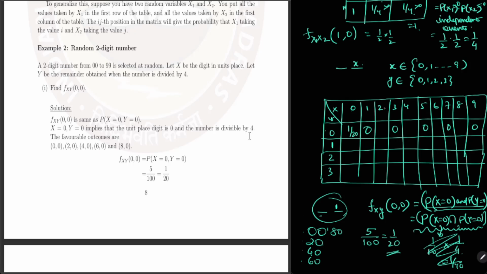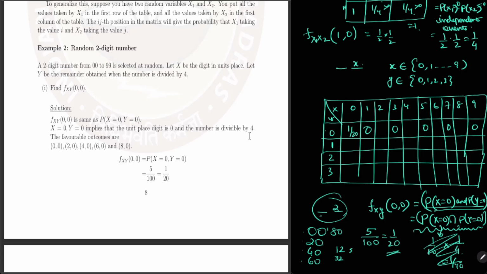First we'll complete this. Now the unit digit is 2 and the remainder is 0. What is the first number with unit digit 2? 2, no. 12, yes, we get 12. Then 22, no, the remainder is not 0. 32 is divided by 4.